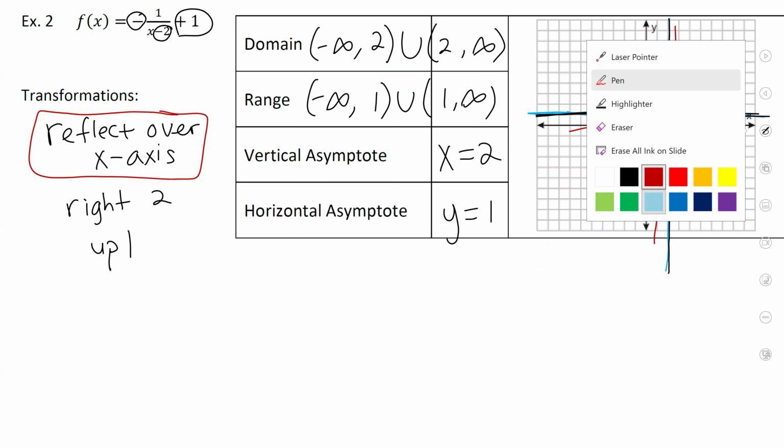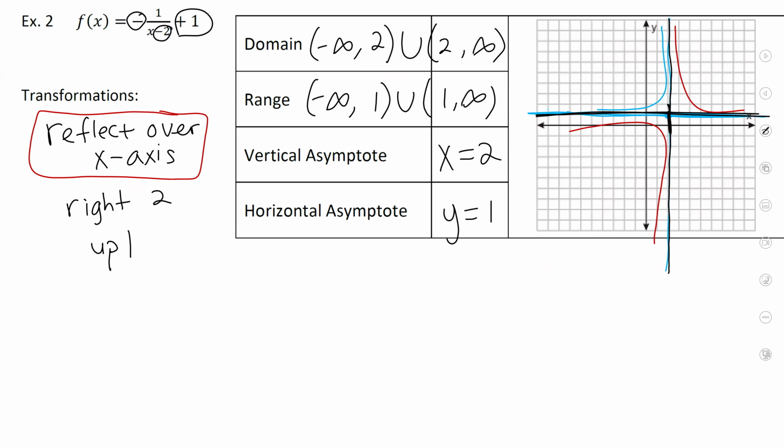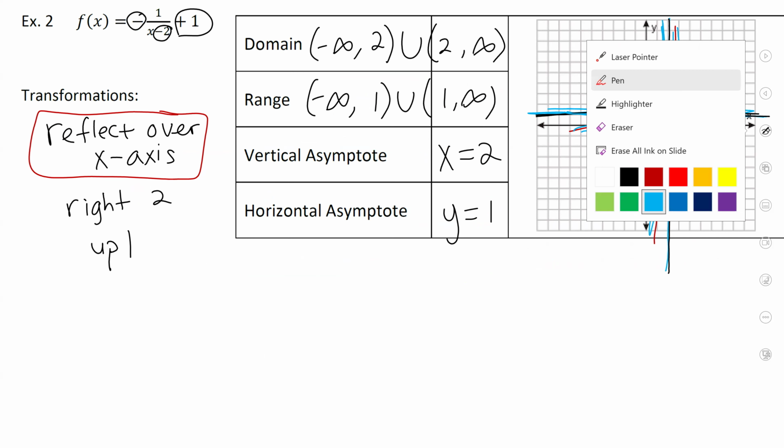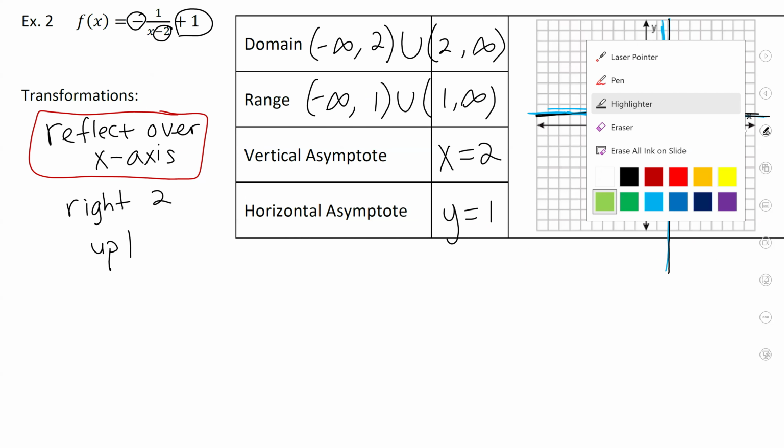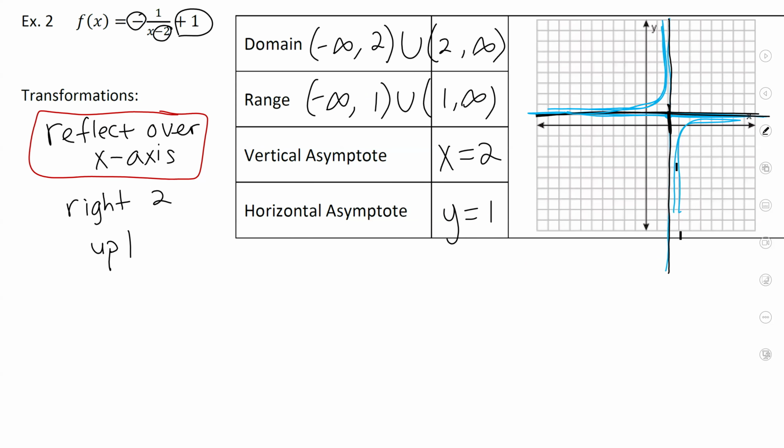So now it's going to look like this. This one down here will hop over the x-axis and be like that. This one that was up here will now be down here. Okay, so they basically switch sides. This is what your graph will look like. So go ahead and draw that. Your graph looks like this.